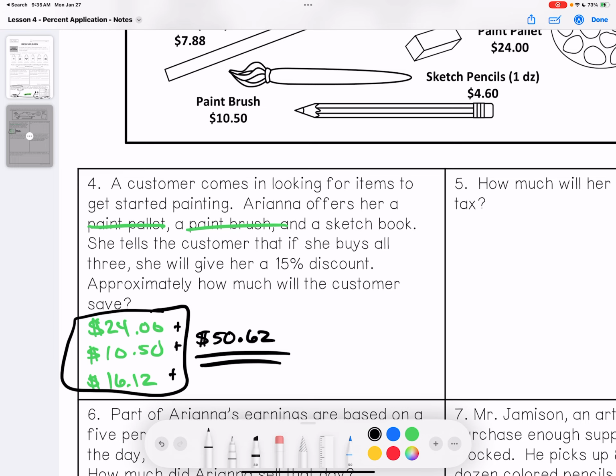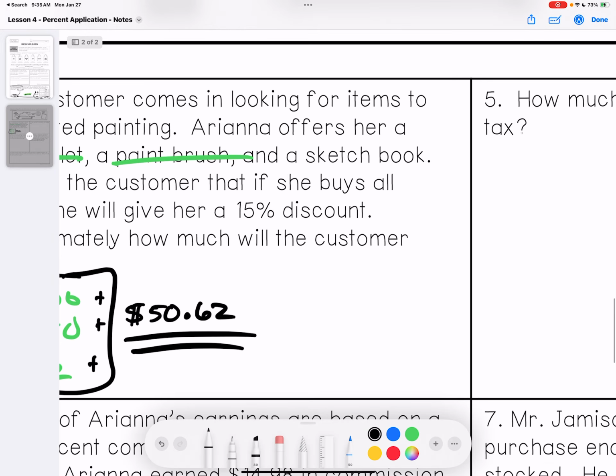So how do I figure out the discount? I'm going to show you the shortcut since we're talking about percents. You can set it up like this if you like to. 15% over 100. Why? Because 15 is always over 100. The total is 50.62. So go ahead and write that.